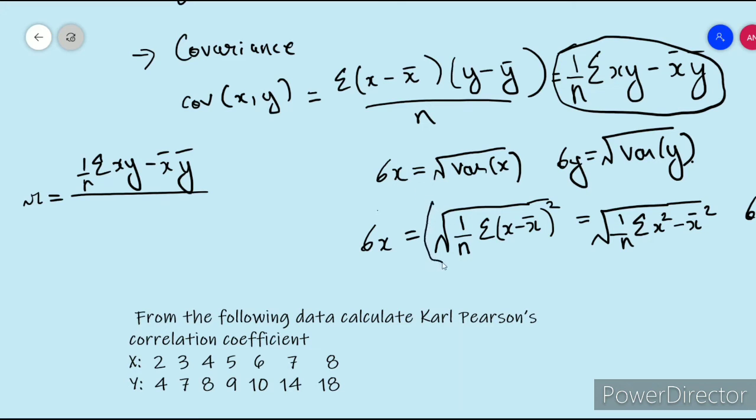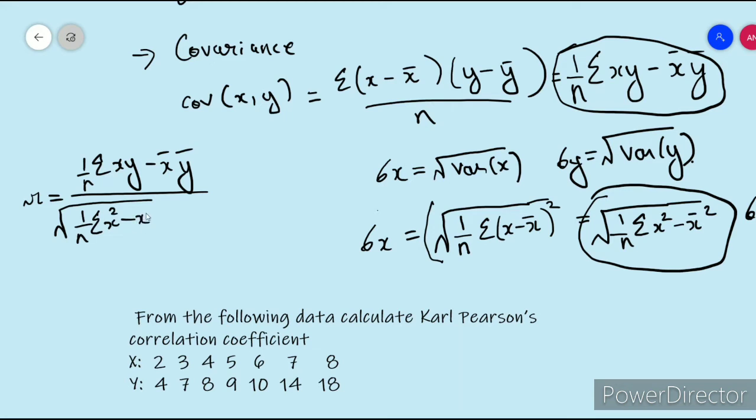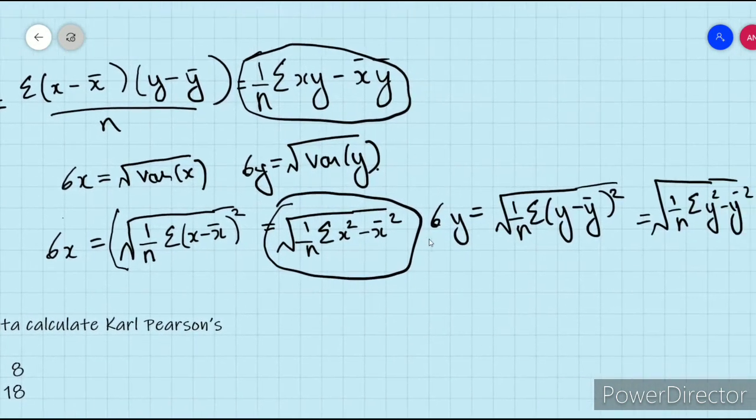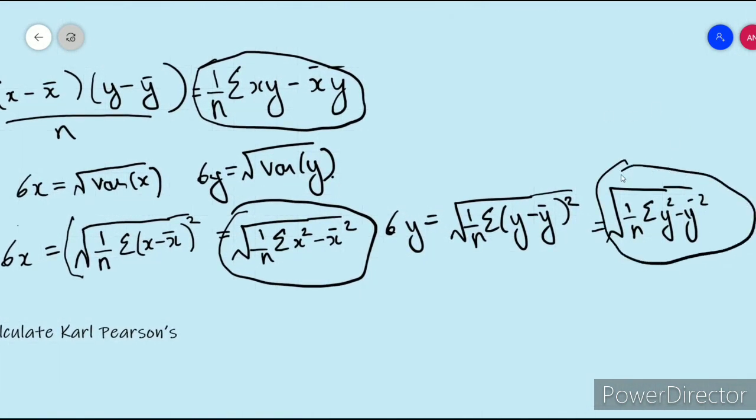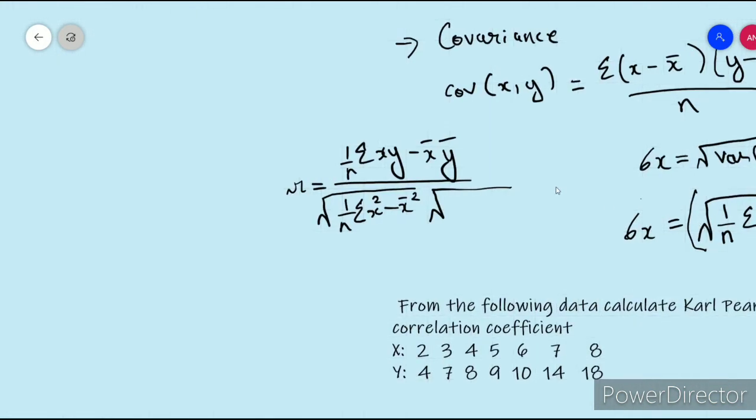Let us take the standard deviation of x, which is the square root of 1 by n summation of the squares of the deviations of x values from their mean, into the standard deviation of y. We've already shown the standard deviation of y, so we just put that value over here. This is how the Karl Pearson correlation coefficient looks like.